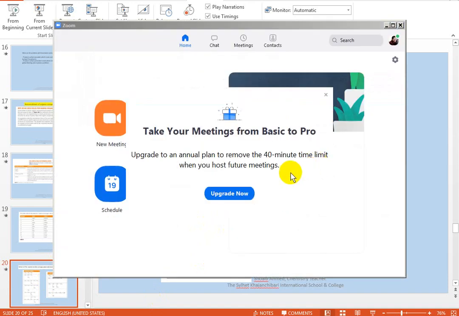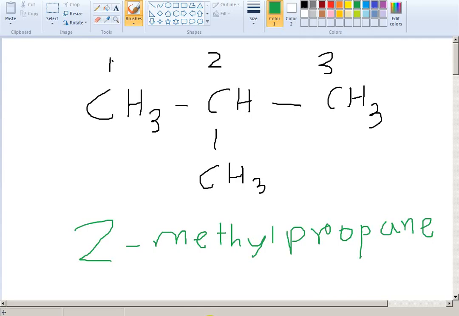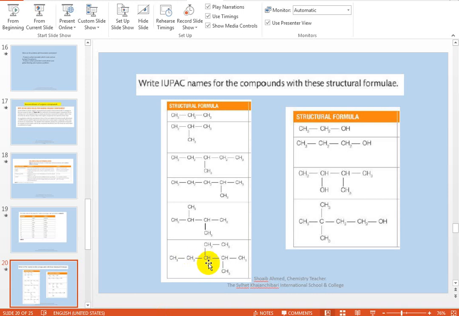Okay, this compound. Now I am taking this compound. Easier, not easier. How many carbons? 1, 2, 3, 4, 5.